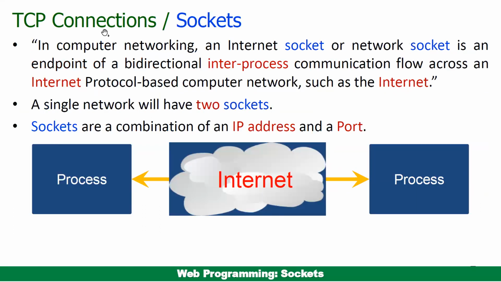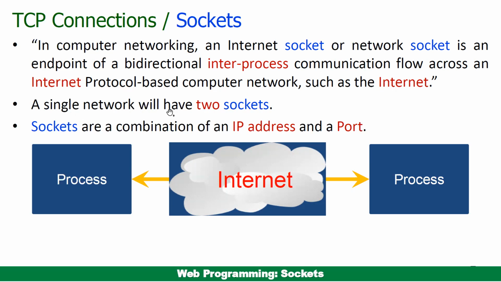Then coming to TCP connections with sockets. In computer networking, an internet socket or simply network socket is an endpoint of a bidirectional interprocess communication flow across an Internet Protocol based computer network such as the internet.